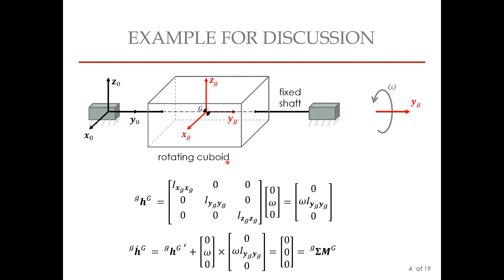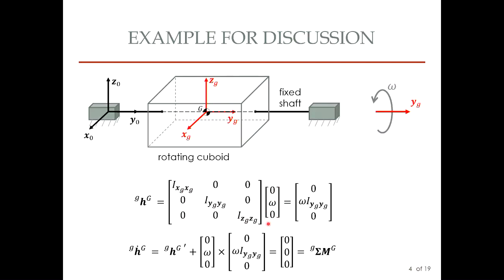All right. So in order to calculate, the bottom one is the Newton-Euler equation, the angular equation, h dot equals sum of moments, and h is I omega, and I calculate it in the red frame G. So in the red frame G, this is the diagonal inertia tensor, and the absolute angular velocity of the cuboid, just omega in the YG direction.